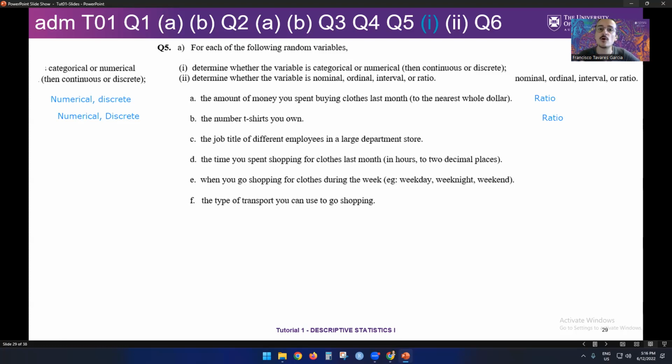Why is it ratio? It might not be what you're expecting if you haven't done it before, but the difference between interval and ratio is that when you say ratio, it means 0 means the absence of something. And when it's an interval, to stick with the lecture example, temperature in Celsius is an interval because 0 Celsius is not really the absence of vibration or movement of the atoms.